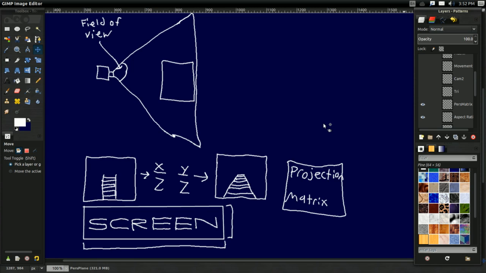The second part of the problem is simulating the camera's position and orientation. Because I'm going to see a completely different part of the world if I'm looking to my left rather than looking forward. So I've got to have some way to simulate that. Let's look at it like this. I have some positions, well, I should say points, vertices. At the end of the day, everything in our scene ends up being points.